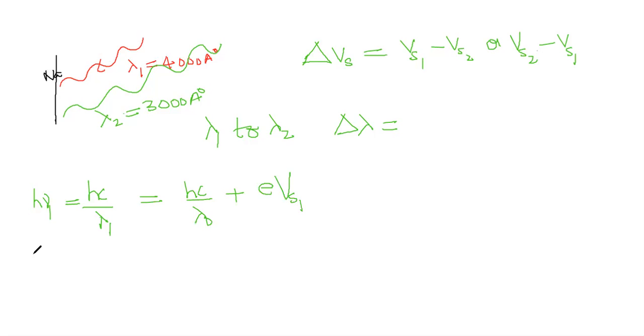Second equation, h nu 2, which is equal to Hc by lambda 2, is equal to Hc by lambda naught again, plus eVs2. The work function doesn't change because it's the same photometal. Hc by lambda naught for sodium never changes. Whatever the metal, it is the same.